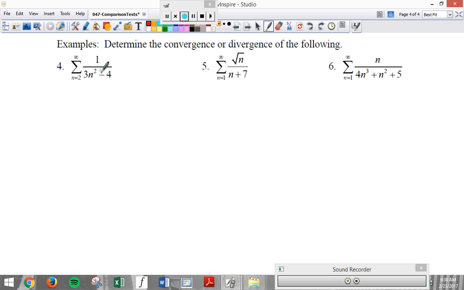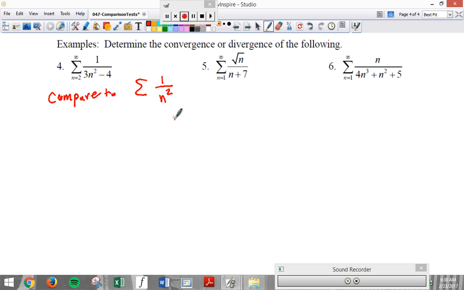What I would do instead, I look at the top. What's the highest power on top? If you said 1, you're right. I look at the bottom. What's the highest power of n on the bottom? If you said n squared, you are also right.